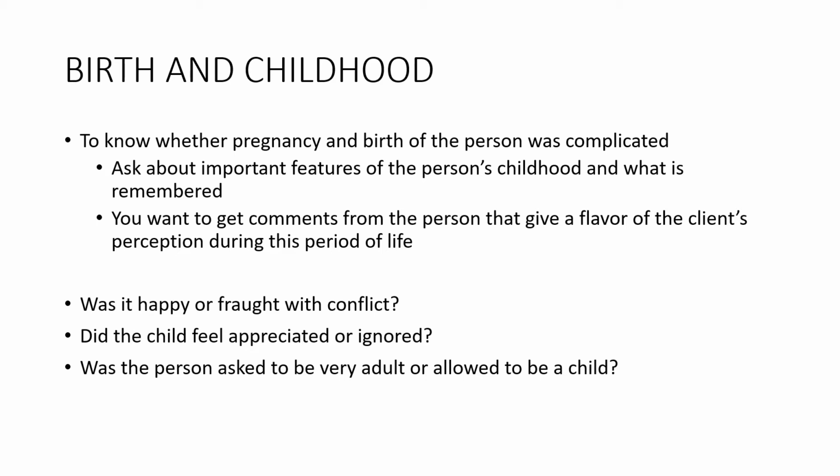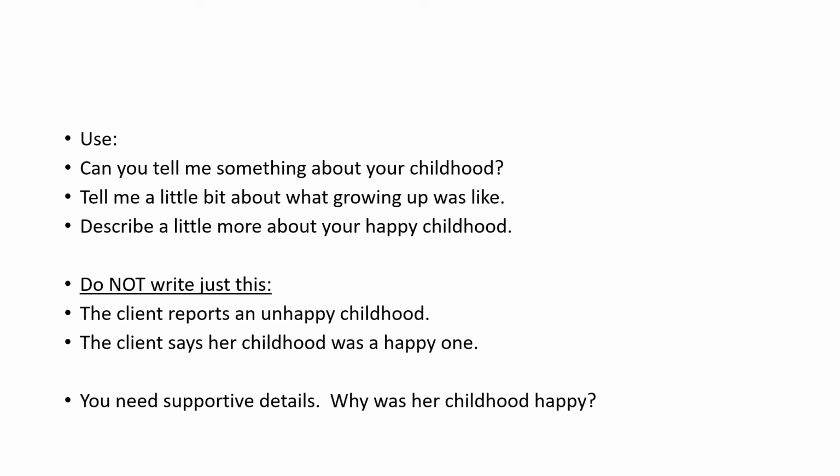So was it happy or full of conflict? Did the child feel appreciated or ignored? Was the person asked to be very adult, or allowed to be a child when they were children? You can also ask, can you tell me something about your childhood? Tell me a little bit about what growing up was like. And describe a little bit more about your happy childhood.